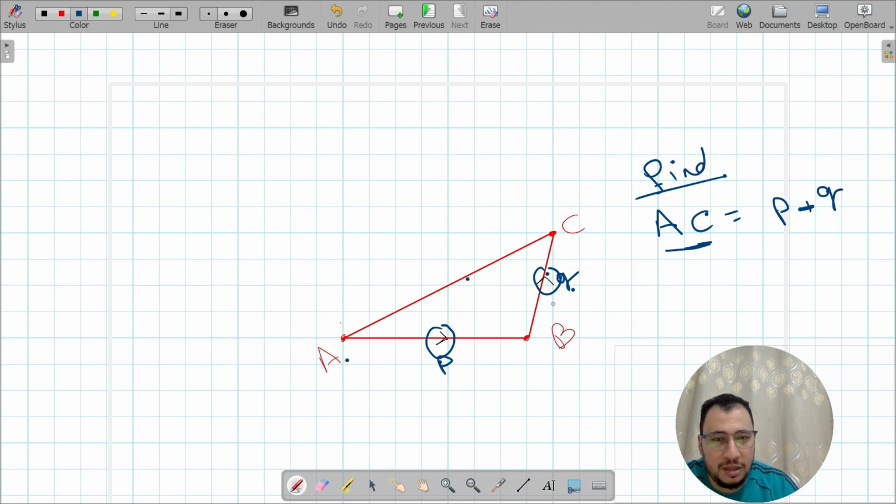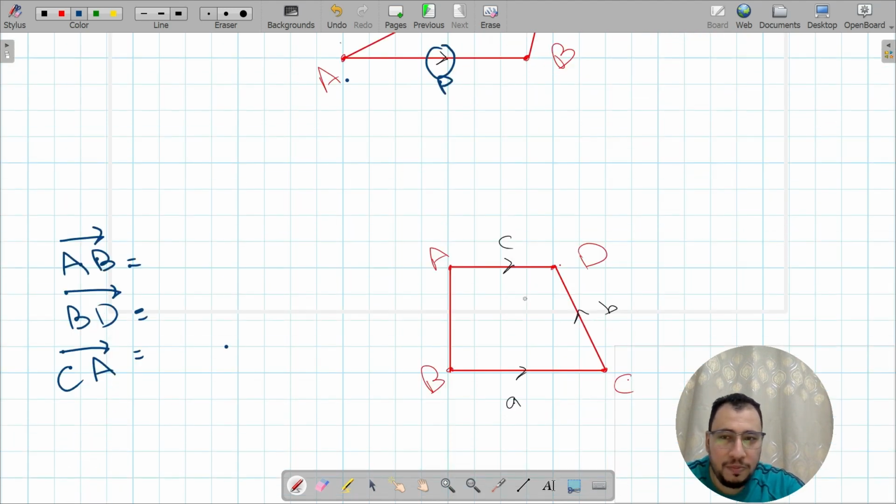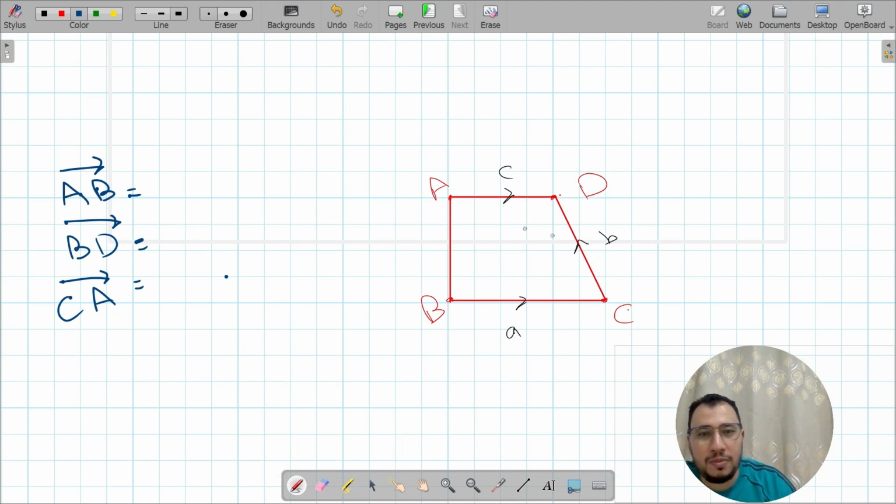Let's take a look at the next question, which is the same idea, but the only difference is you may go against, in the opposite direction. Okay, how can I go from A to B? How can I find AB here? To find AB, you need to go from A to B. This is simply the idea.